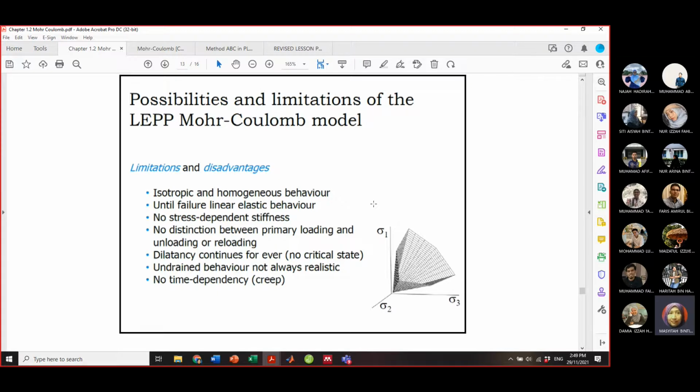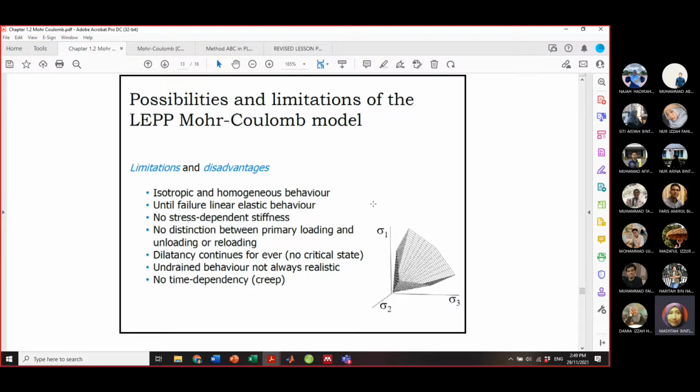For example, it can only be applied to isotropic and homogeneous behavior. So if you go to site and find out from your borehole that the material or the samples are heterogeneous, then it is not applicable anymore to use Mohr-Coulomb. But somehow you need to make a few assumptions.